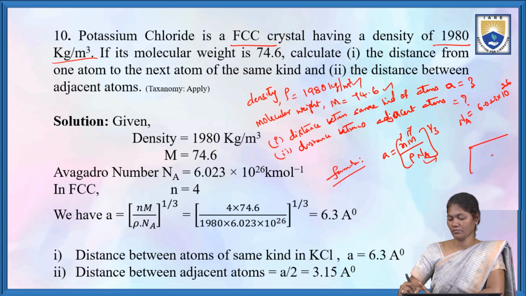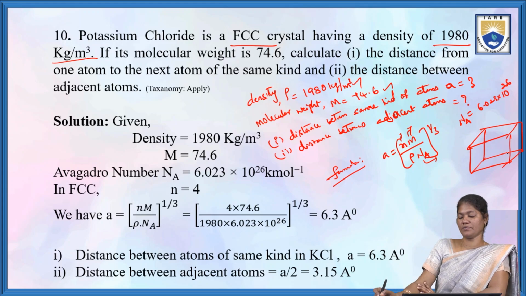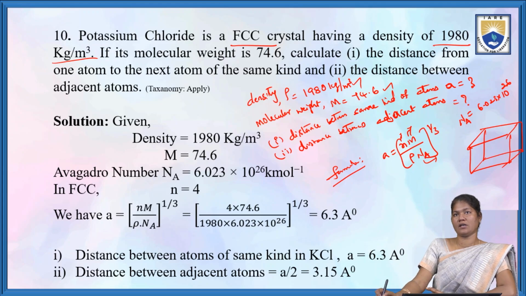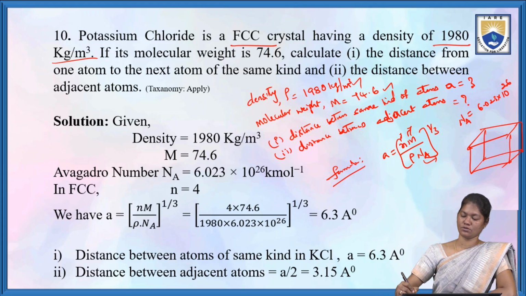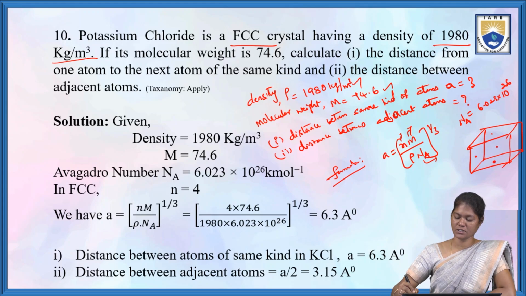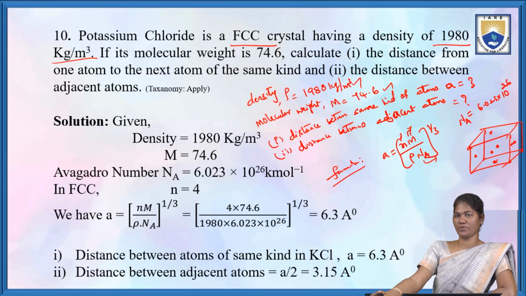FCC means that along with the center atom, there will be atoms placed at each face. So here 6 faces have 6 atoms: top, bottom, left, right, front and back.